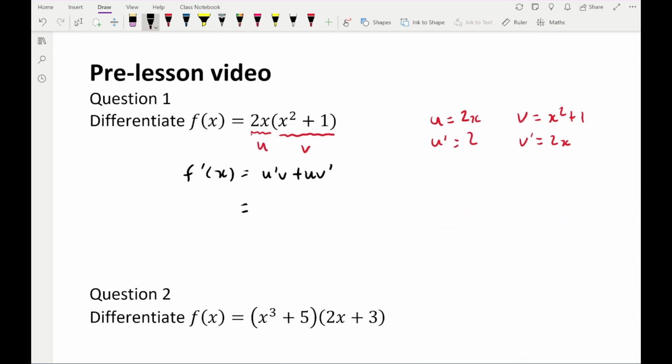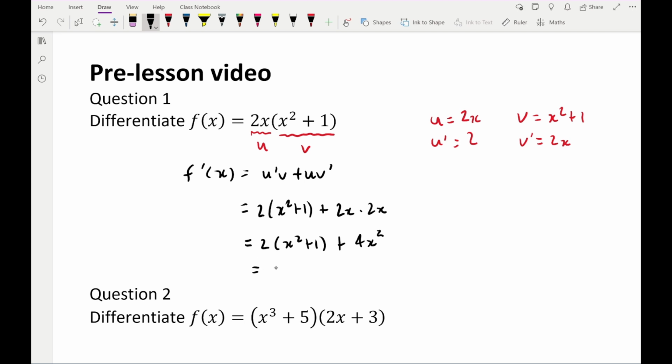So u dash is 2, and v is x squared plus 1, plus now u is 2x, and v dash is, well, 2x. Often you're fine just leaving it like that, but if you want to simplify it, plus 4x squared. So I got 4 from the 2 times 2, and then the x squared from the x's times together.